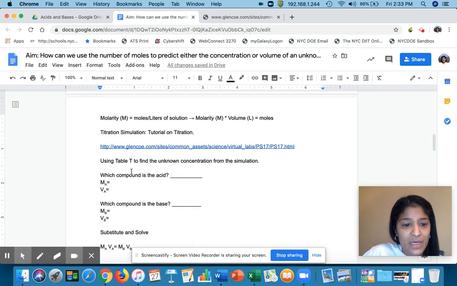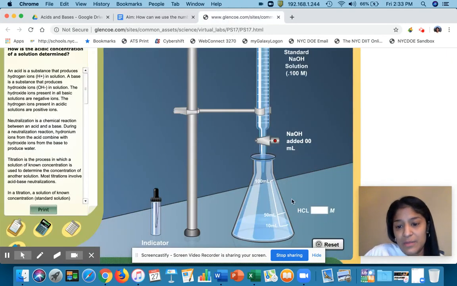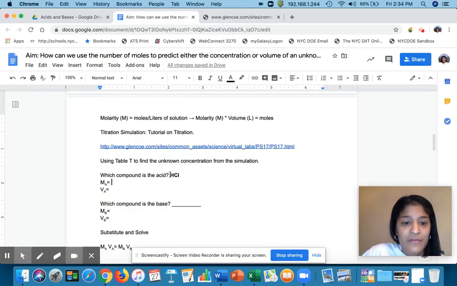So if we go here, which compound is the acid? Well, we said from the simulation that the acid was HCl. The molarity of the acid, we don't know, because if we go here, the molarity of the acid is blank. If we come back, what is the volume of the acid?